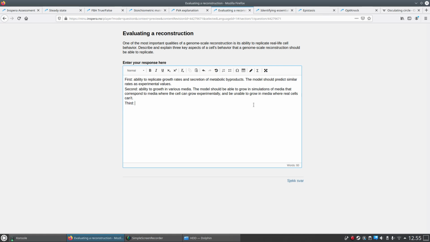And third, which is somewhat similar qualitatively but is done in a different way, the model should respond appropriately to gene knockouts.